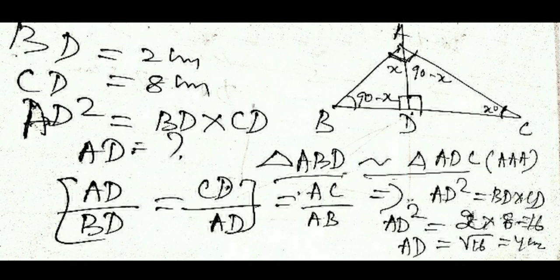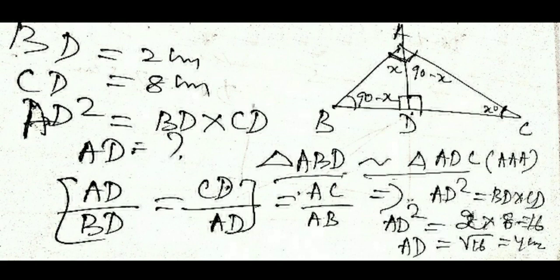Suppose angle ACD is equal to X. Angle ADC is 90, given in the figure, perpendicular. Since the sum of these three angles is equal to 180 degree, angle DAC will be 90 minus X. So X plus 90 minus X plus 90 will become 180 degree. Therefore angle DAC is equal to 90 minus X.